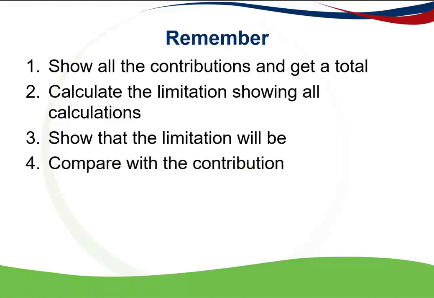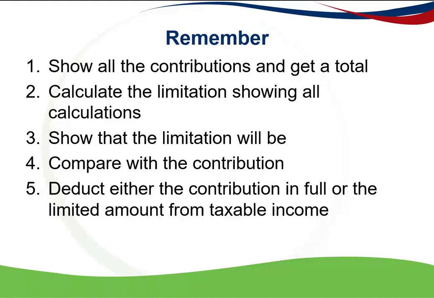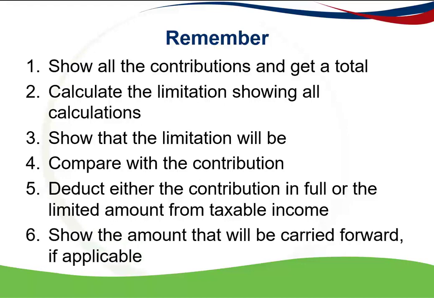And then you compare the limitation with the contribution, and then you'll either be able to deduct the contribution in full if it's less than the limitation, or the contribution will be limited to the limitation and you can deduct it from taxable income. And then if applicable, so if the contributions have been limited in terms of this limitation, you need to show the amount that will be carried forward to the next year of assessment.